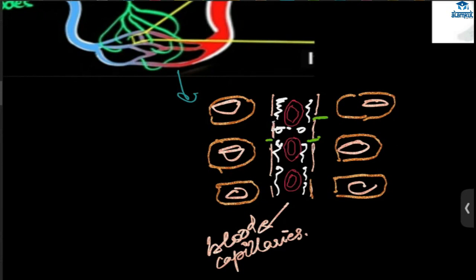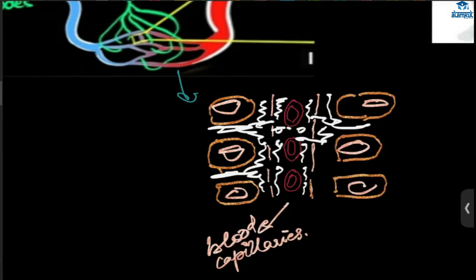You can see here, holes are present, right? Now, see, this plasma and all will come out into the spaces between the cells. The plasma, the proteins, the cells, or other things will come out and form what?